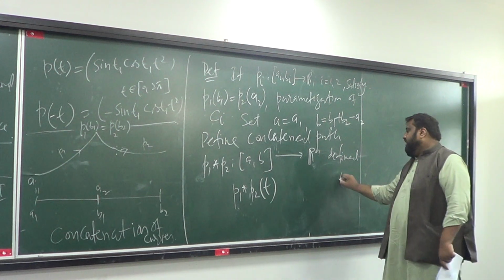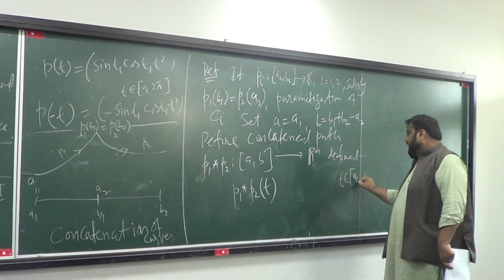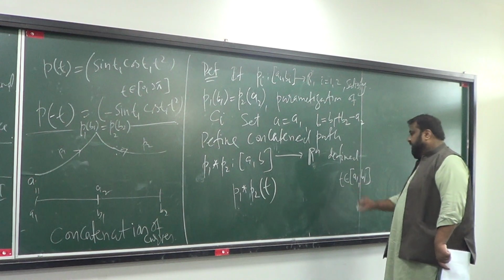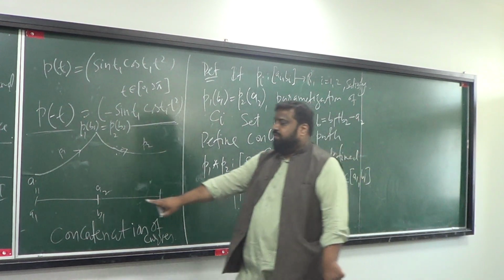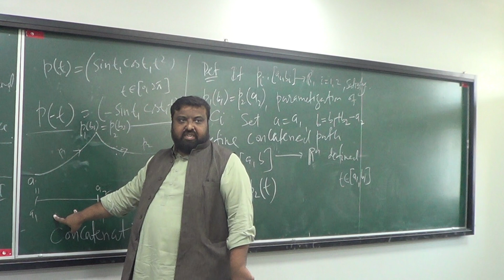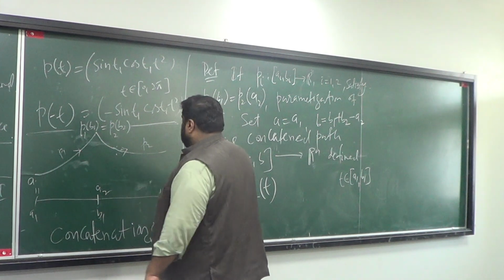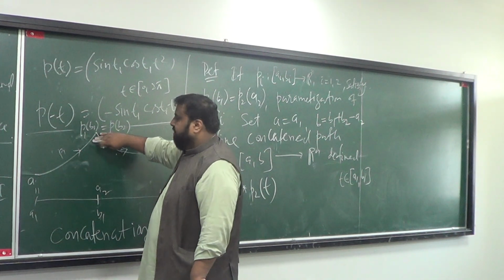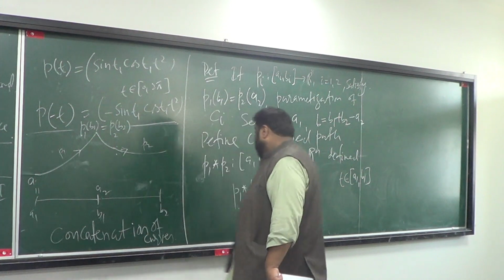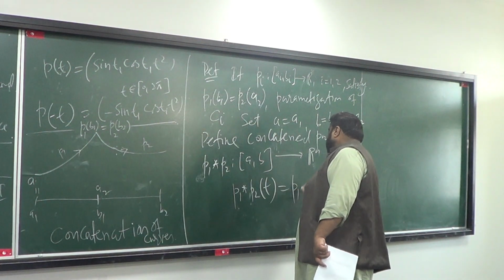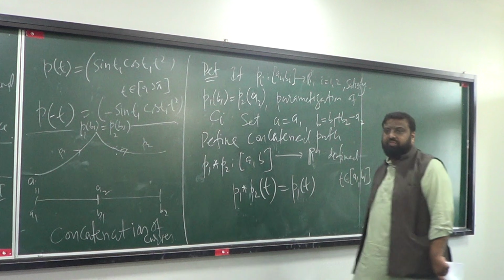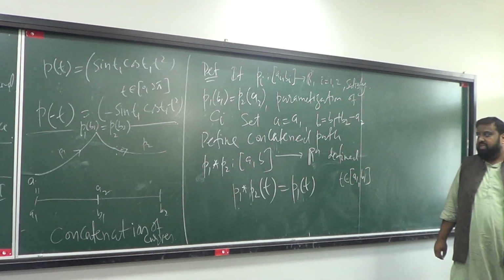If this instant t is a moment in the interval [A1, B1], in other words this first interval, then this concatenated curve is the same as this curve. So it's equal to P1(t).